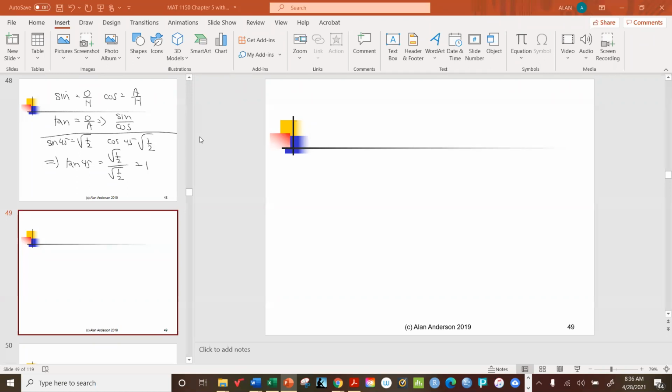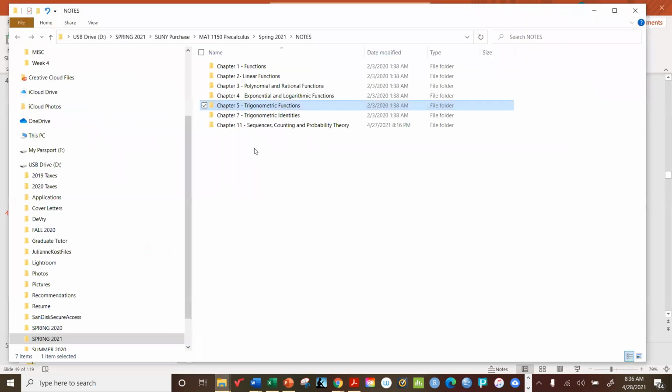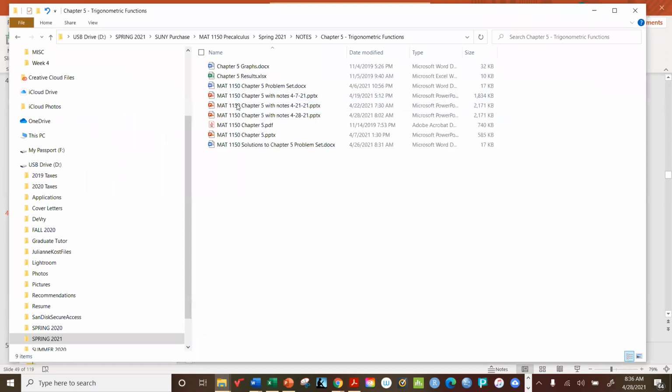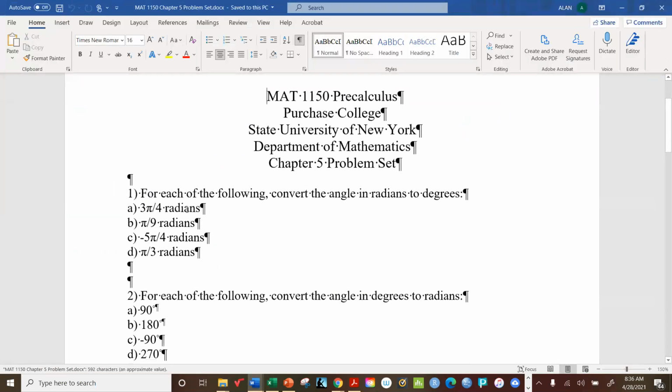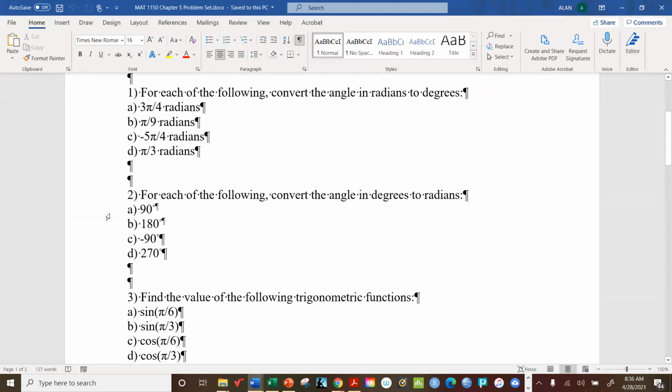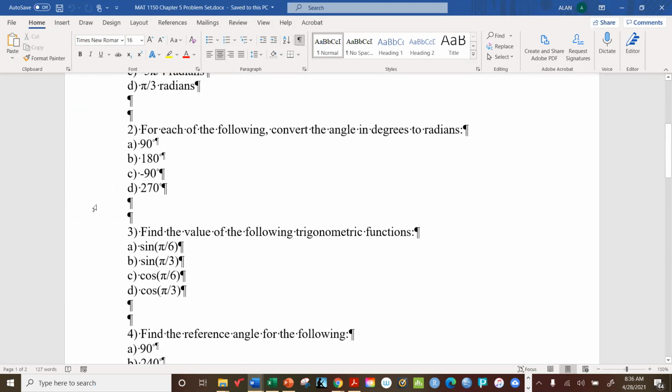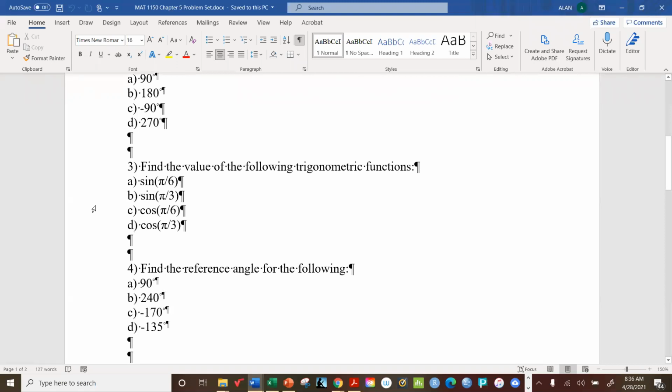All right, think of this as just background for our discussion about trig functions. I know it looks scary and intimidating, but believe me, when you see the chapter 5 problem set, you'll get a better feel for what you're actually being asked to do. In fact, let me go get it out real fast. Here it is. You're being asked to convert angles in radians to degrees, convert angles in degrees to radians, and find the values of the following functions.